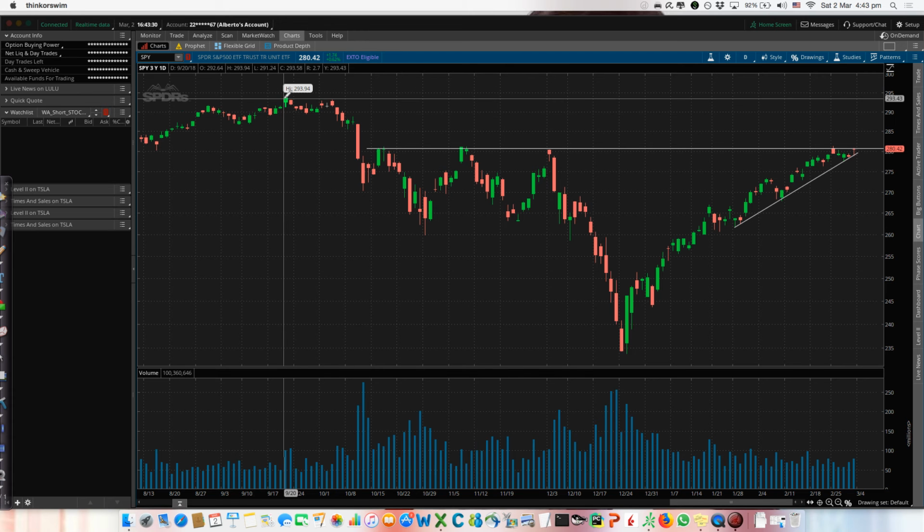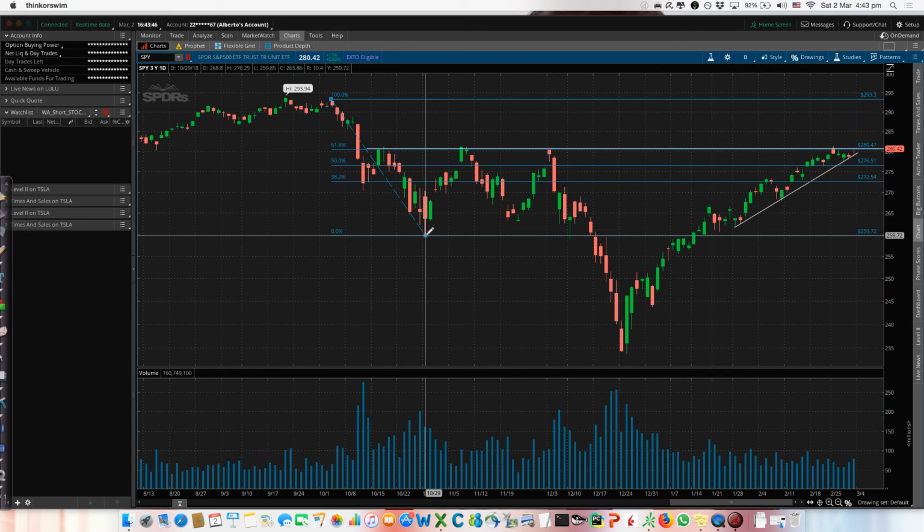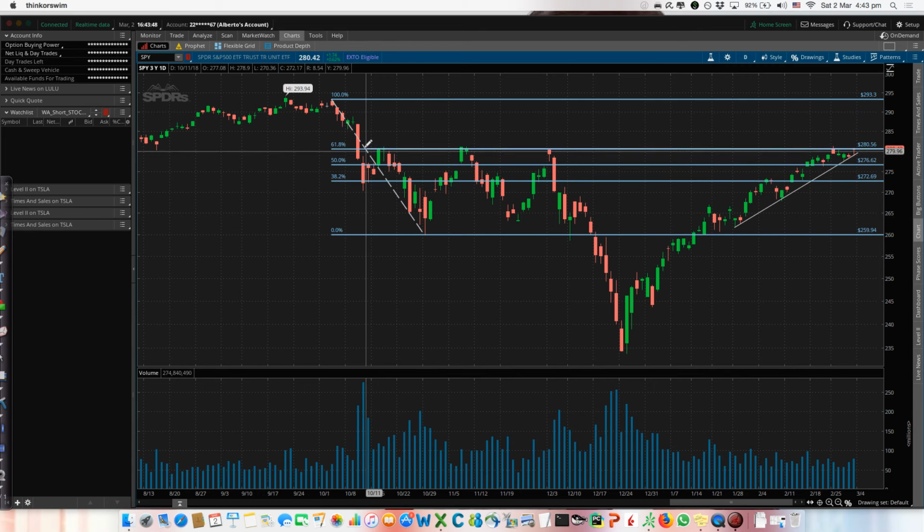Well, if we take, for example, this level, that is the high we had before the market went down, and we connect this to the low of this first drop, we can see that this 280 level is also the 61.8 Fibonacci retracement level. And this means that the resistance we identified is even stronger. So it's really a value that we should watch out for.